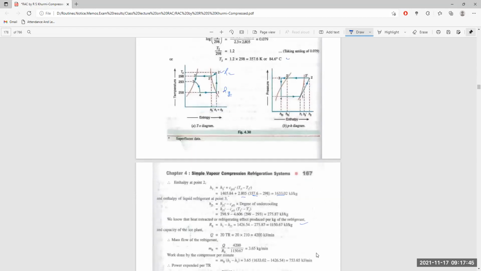Now the capacity of the plant is given as 20 tons. How to calculate the power?